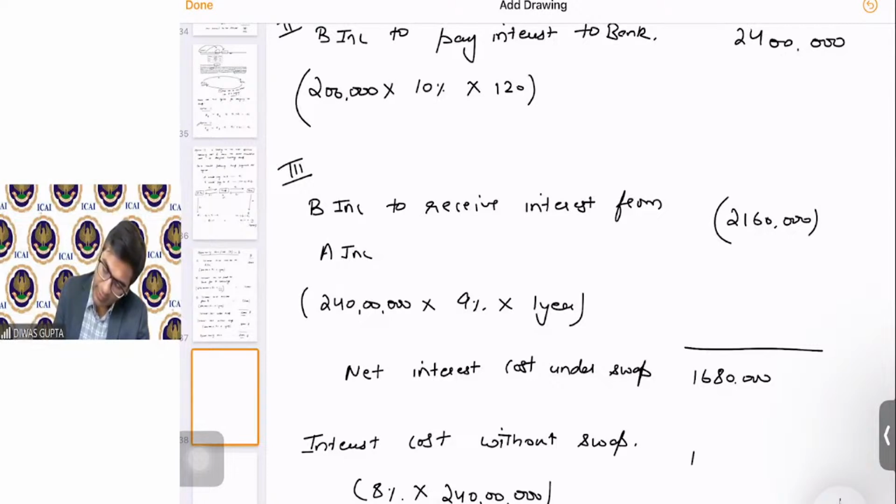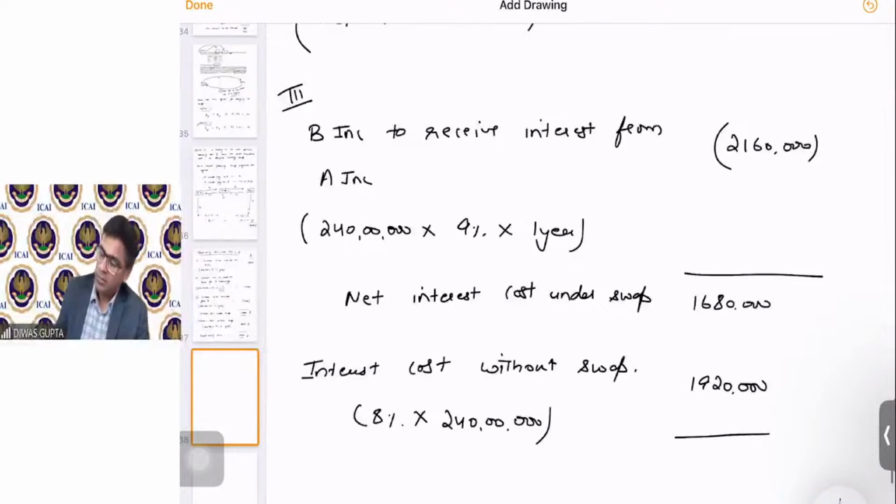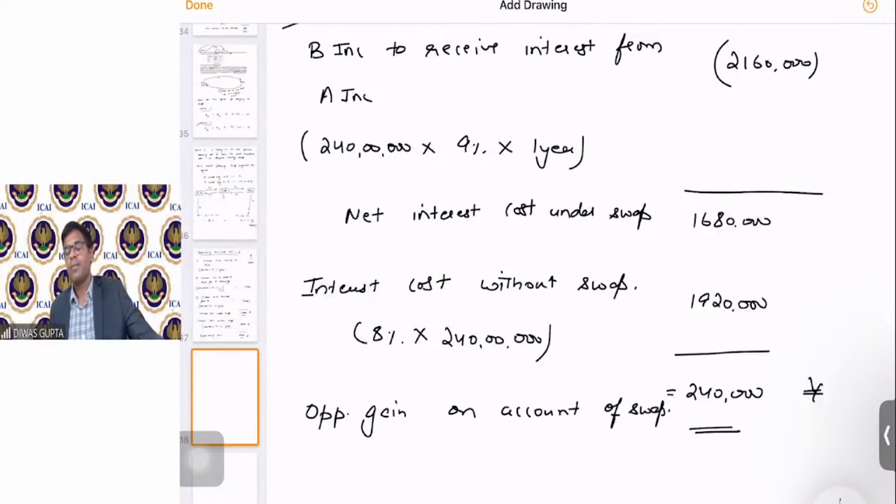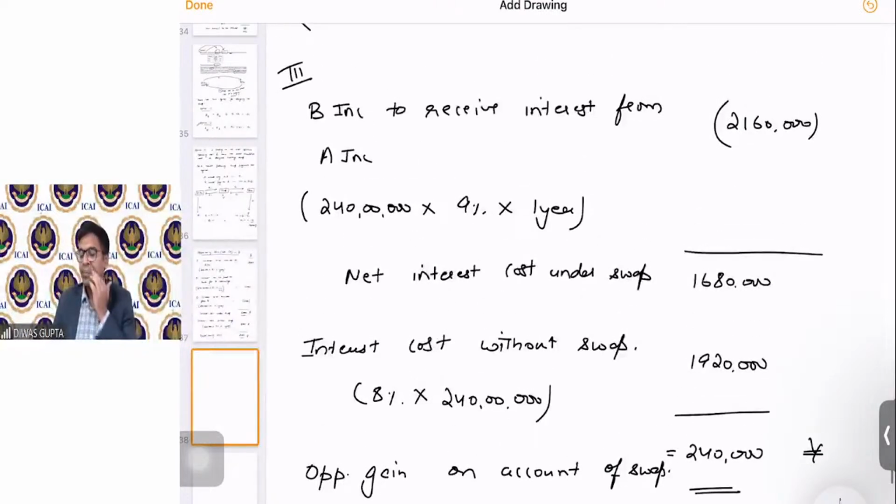It would have been 19 lakh 20,000. So the benefit on account of the swap is 2 lakh 40,000, which in dollar terms is $2,000. Clear, students? I hope.